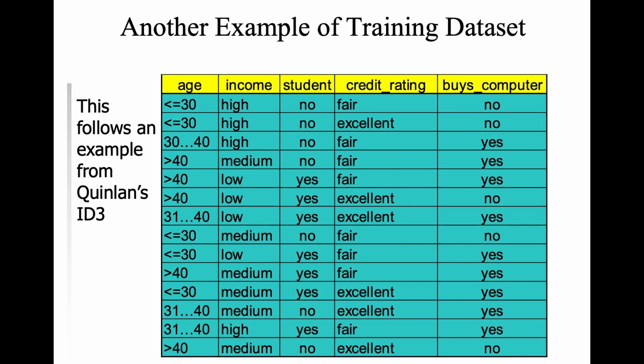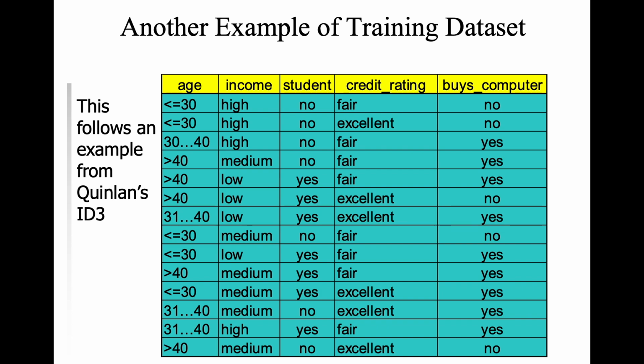So if age is greater than 40 and credit rating is excellent, it's no. Now, we reach a credit rating of excellent. Why did we reach a leaf here?